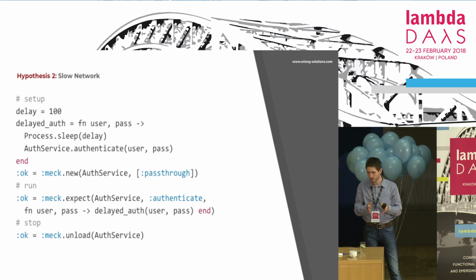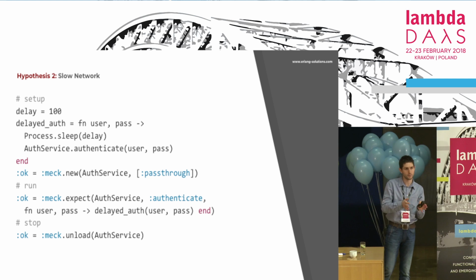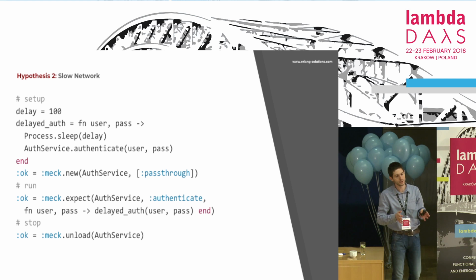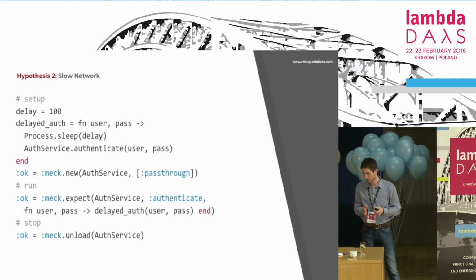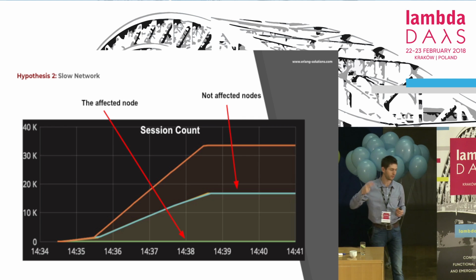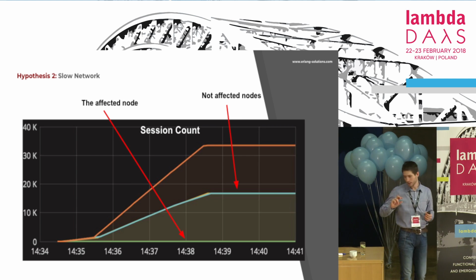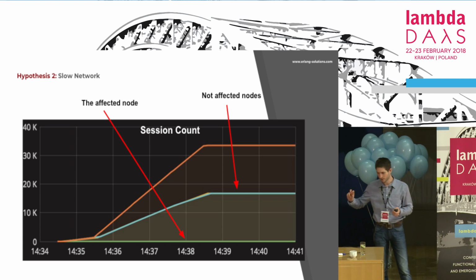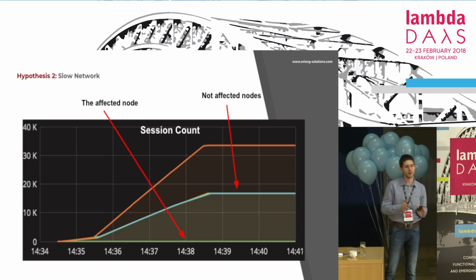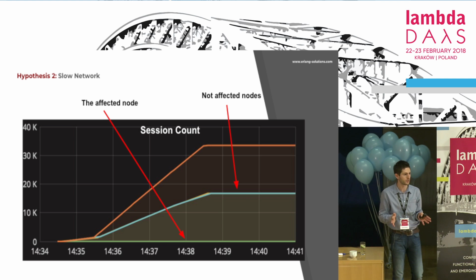And here the steady state was that eventually during our load test all the users log in, but this hypothesis was disrupted because, as you can see, these two lines, these are the not affected nodes. We have 3 nodes in total in this experiment. The not affected nodes had users, but the one we ran the fault on had no users.